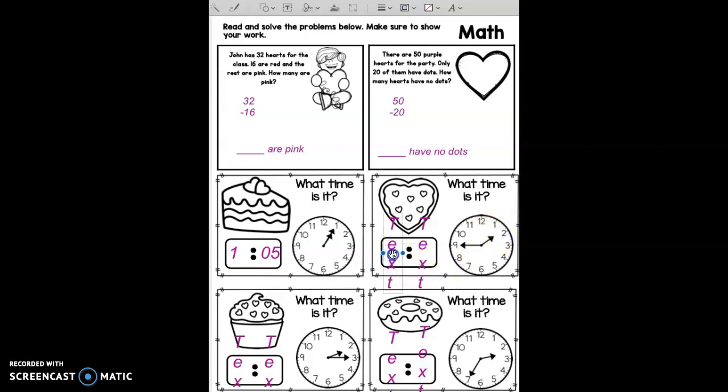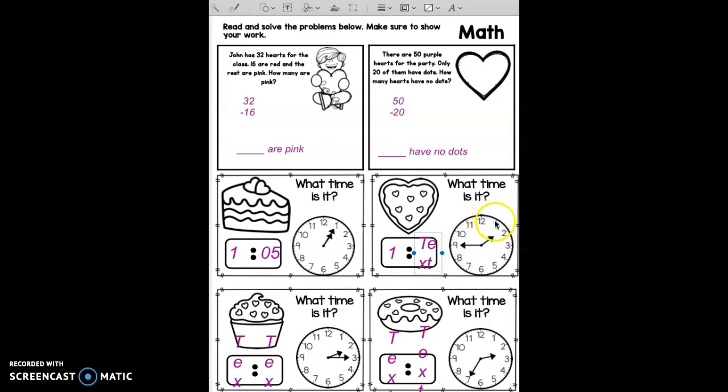Okay, so we can go over here again, put our 1, perfect, and now we have to count how many minutes have we gone past 1 o'clock. So this was 1 o'clock, so we're going to count all of our minutes by 5s till we get to that minute hand.